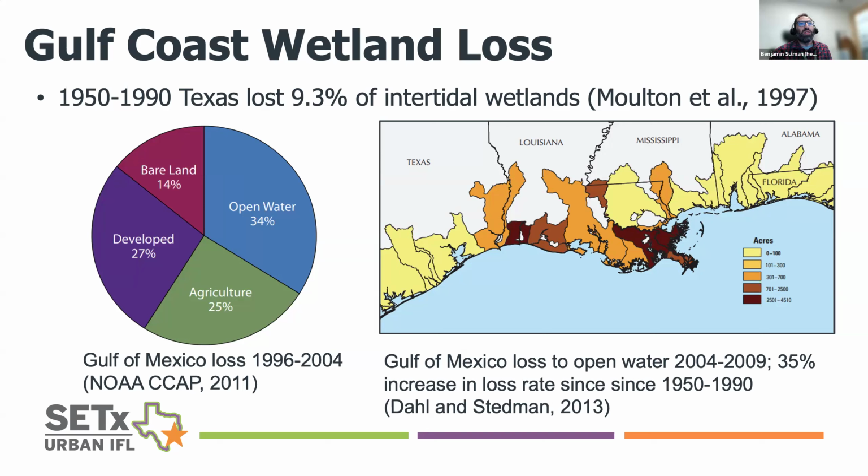There's ongoing wetland loss across a lot of the Gulf Coast, which affects the vulnerability of a lot of urban areas to storm impacts, among other things. And in particular, some of these wetland losses are due to conversion to other human uses like agriculture and developed areas, but quite a bit of the wetland loss is conversion into open water, which is connected to some of this degradation and sea level rise that's ongoing.